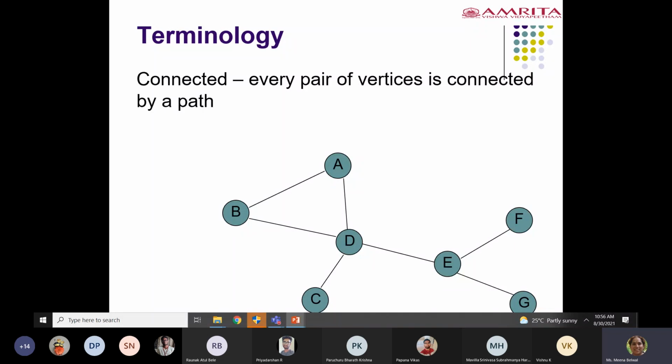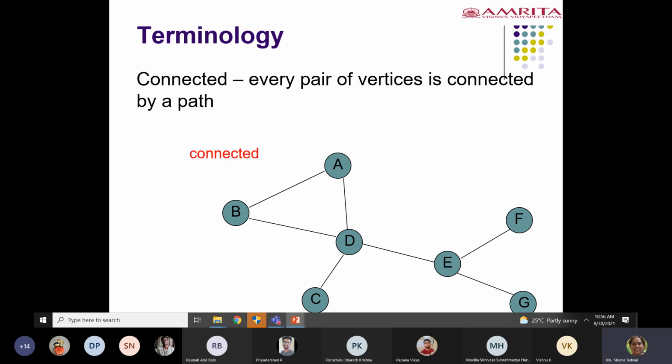But after learning your networking course, you know that some part of the network can be disconnected for some time, because one node may go down. So the graph can be disconnected as well. The meaning of connected is that every pair is connected by a path.